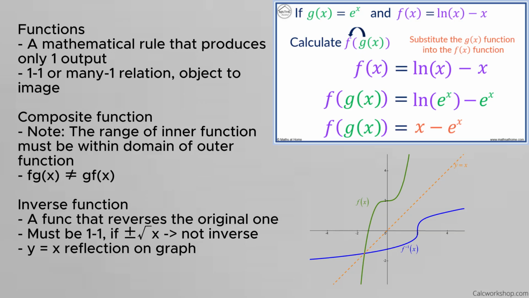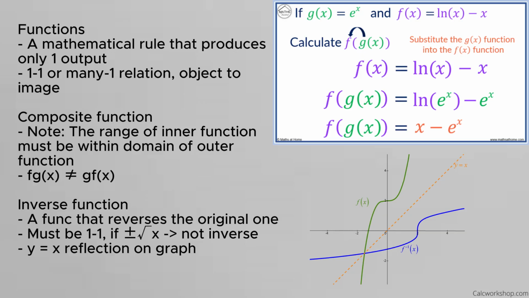And just to let you realize that f(g(x)) is not equivalent to g(f(x)), and this is due to the different arrangement of the functions, which will give different results.